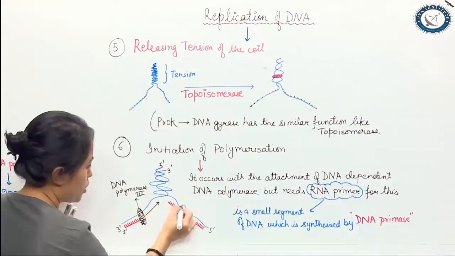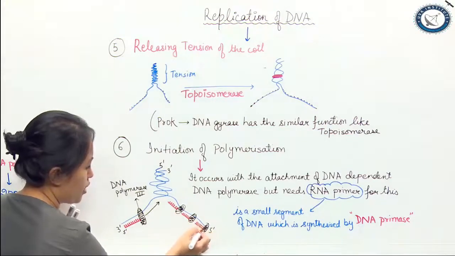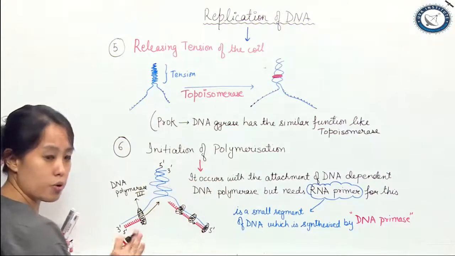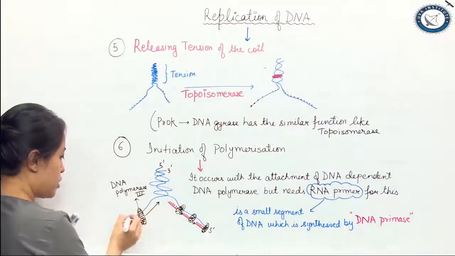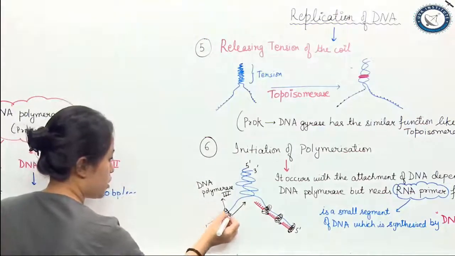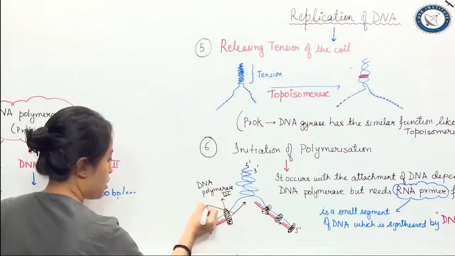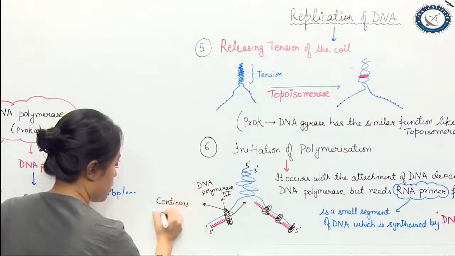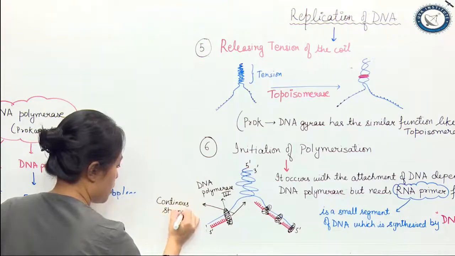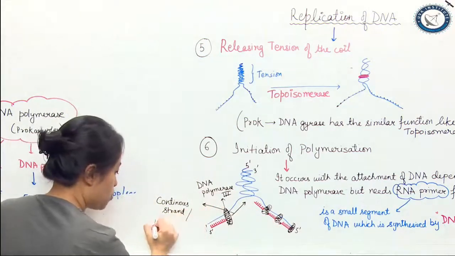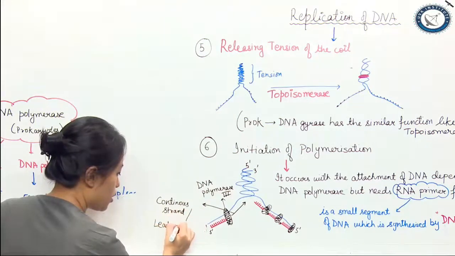Again DNA polymerase 3 is going to bind here, and they will start the process, initiate the process. No problem. But here you will get a continuous strand, which is why it is also known as the leading strand.